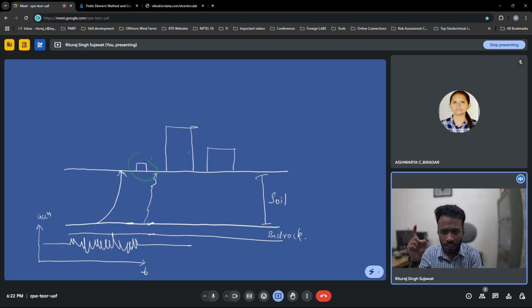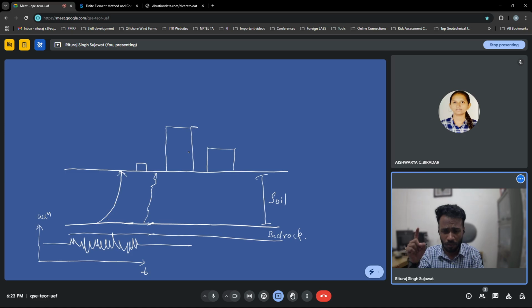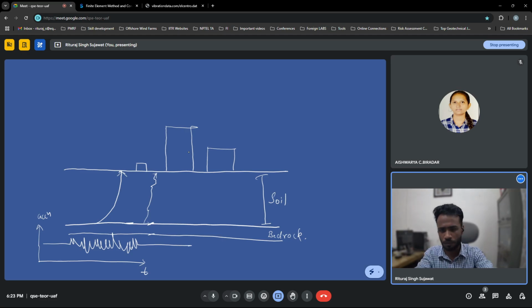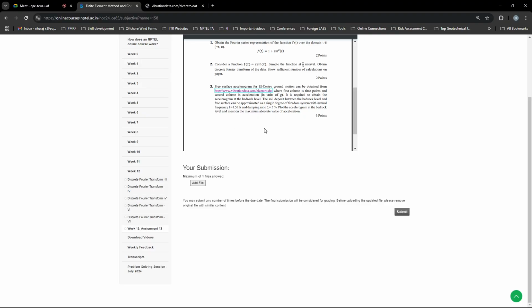So here we are having the data. Okay, and we have recorded that data; the intensity of data you need to find at this level, at bedrock level. So that is what has been asked in the question. Are you clear now about the physics of the problem? Please ask if you have any doubt.